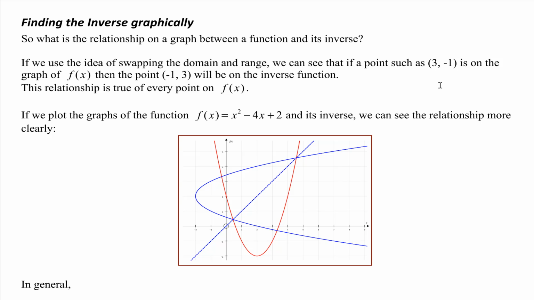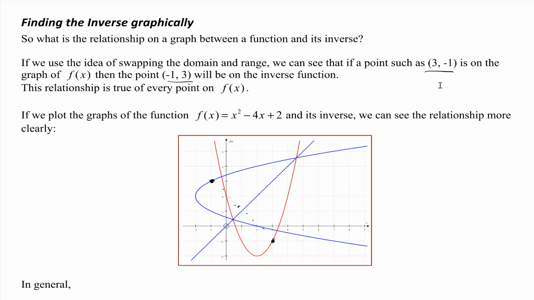So if (3, -1), this point here, is on the original function, remember we just swap the x and y values. So (3, -1) is on the original function, then the point (-1, 3) is on the inverse. So minus 1 and 3, that's right there. That is that point there on the inverse function. Okay, and these points are just a reflection in the line y equals x.